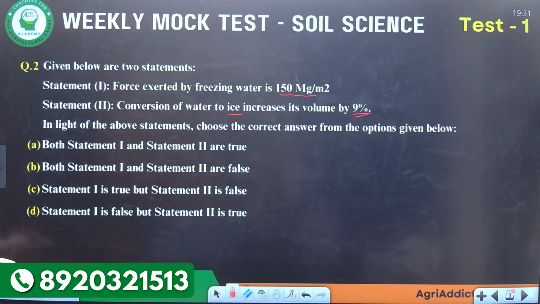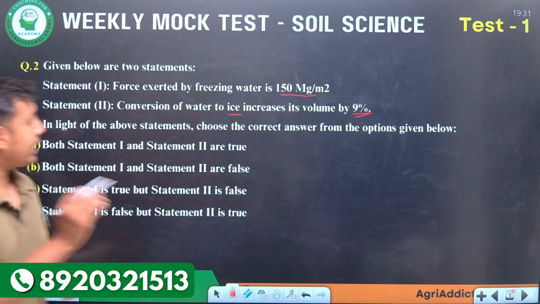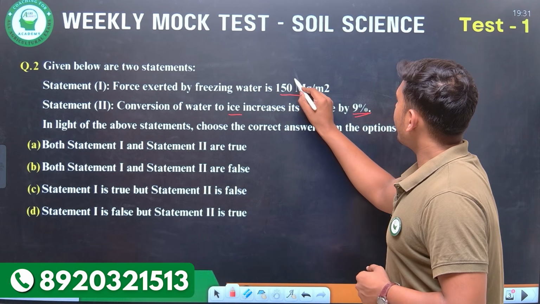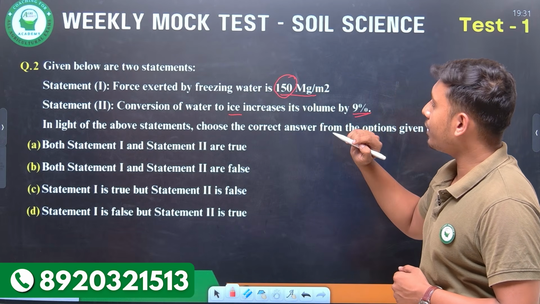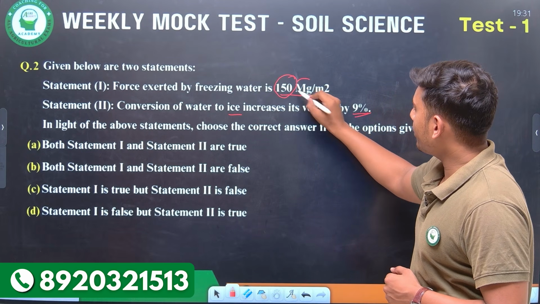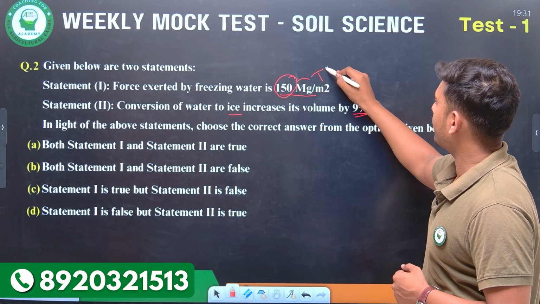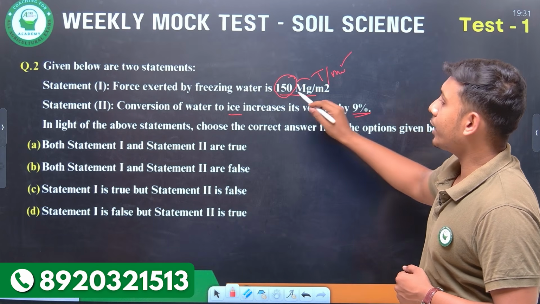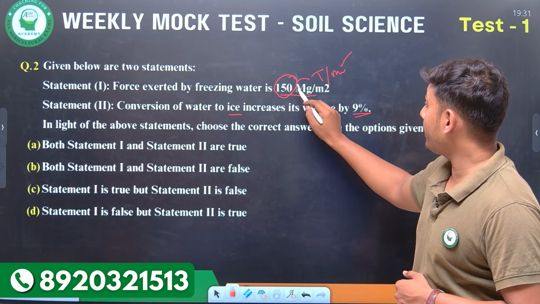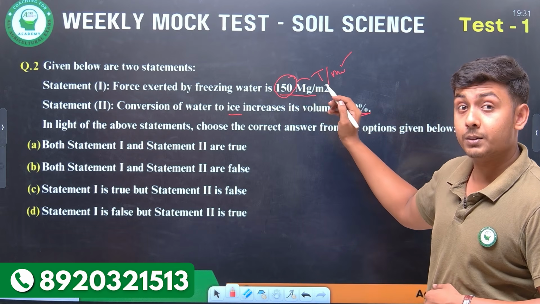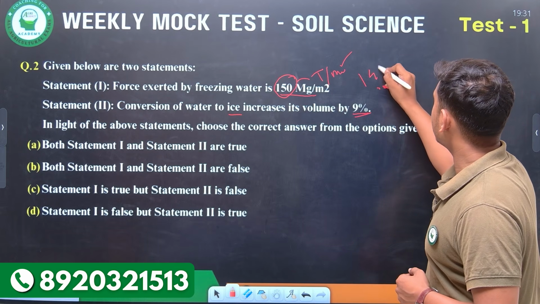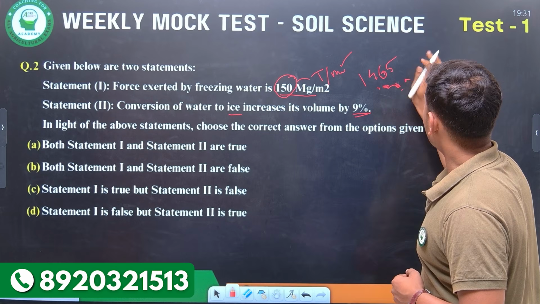Here we can see that it is written 150 megagram per meter square. Actually, if the unit was 150 ton per meter square, then it would be right, but when it comes to megagram, it should be around 1465.